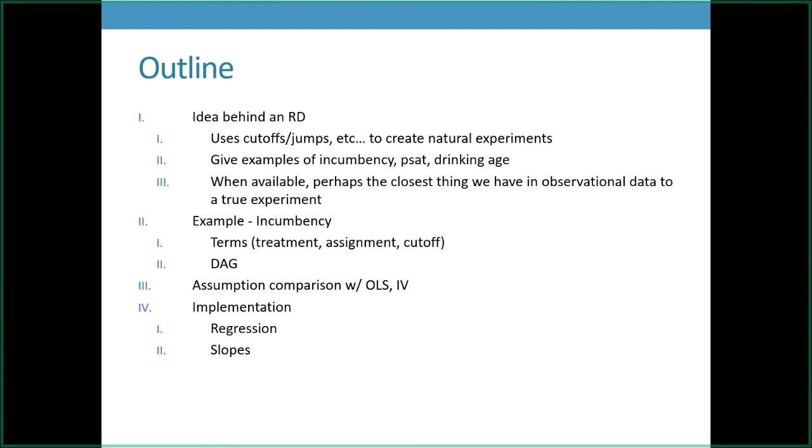So the idea we're going to be working with a lot in today's lecture is, let's say, incumbency in an election. It is not obvious a priori how much of an advantage it is to be an incumbent in an election. If you're a politician or a consulting firm or a lobbyist, you might want to consider what's the mathematical advantage of being an incumbent.